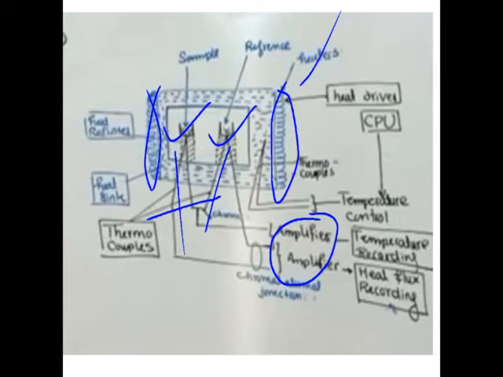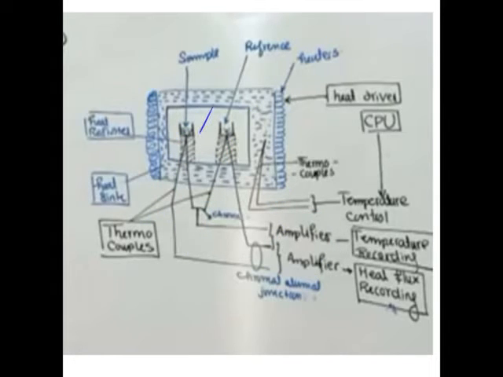The instrumentation consists of a sample holder and a reference holder assembly. To hold the sample, a sample holder is present; to hold the reference, there is a reference holder. Second, a furnace is required. It is also called the heater. This furnace or heater is required to produce heat for the sample and reference.